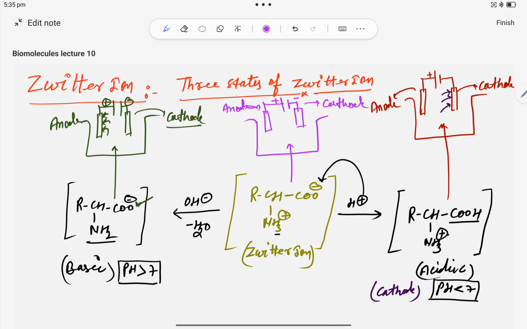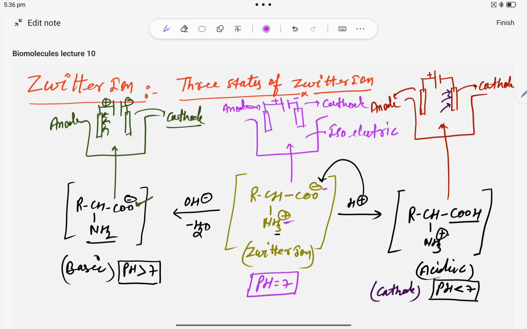Why? Because this time pH is 7, and both positive and negative ion are present in the same compound, so it will not be liberated anywhere. And this is called isoelectric point. At this point pH is 7.